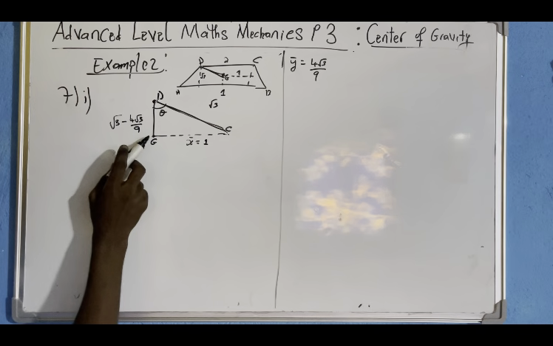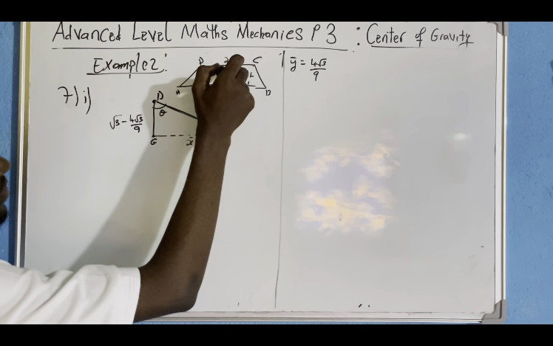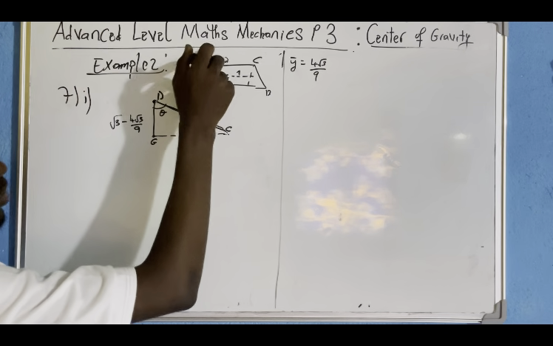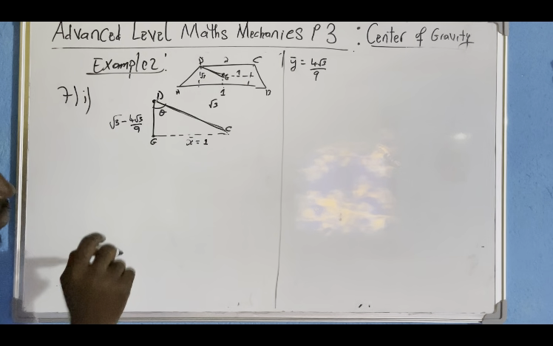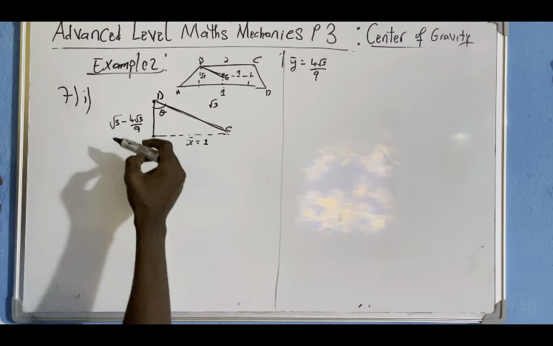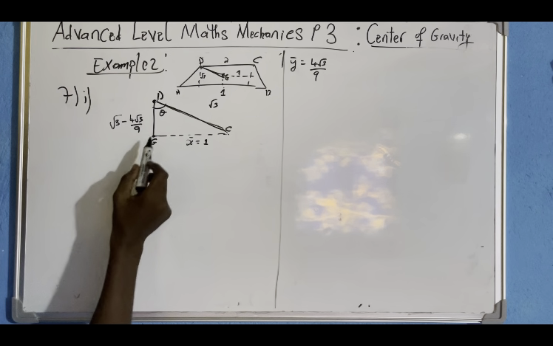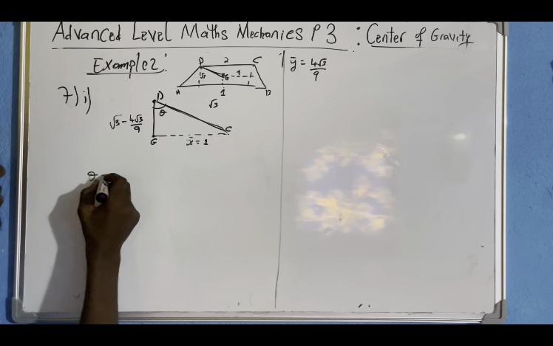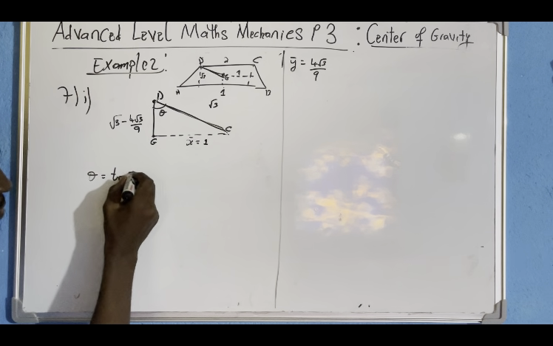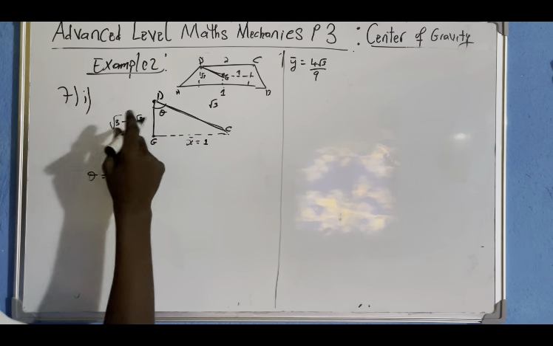I'm taking from the center of mass to the top, not to the base. Center of mass to the base is 4 root 3 over 9. Center of mass to the top, I take the height of the trapezium, which is root 3, minus that. You see now from here, theta is simply equal to tan inverse, because I have adjacent and opposite, so I will take tan inverse of what?